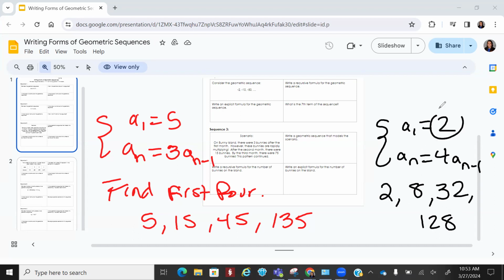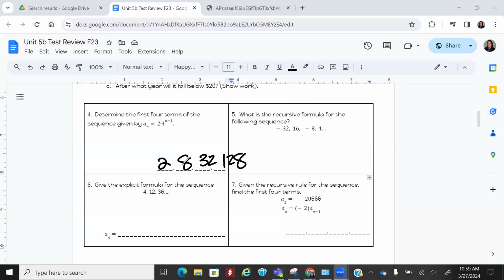So our initial is 2. Then we multiply by 4, then by 4 again, then by 4 again. 2 times 4 is 8. 8 times 4 is 32. 32 times 4 is 128. That's correct. All right, so number 4 should have been 2, 8, 32, and 128.